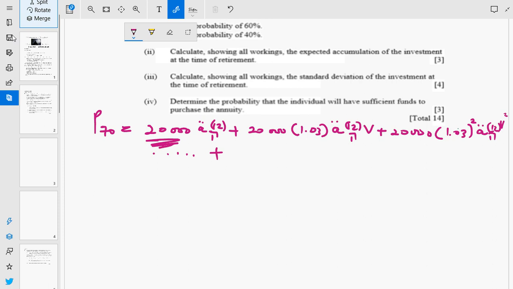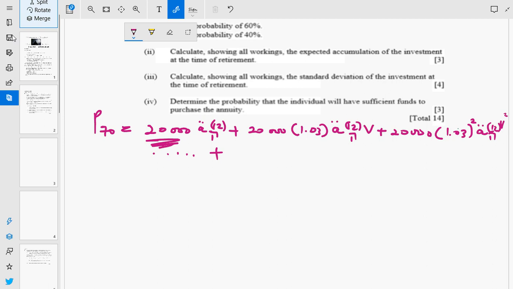If you look very carefully, in year 1, we had 20,000 and we didn't have the 1.03. So it is actually 1.03 raised to the power 0. In year 2, it was raised to the power 1 and your discount factor was to the power 1. In year 3, it was to the power 2 and your discount factor was to the power 2.